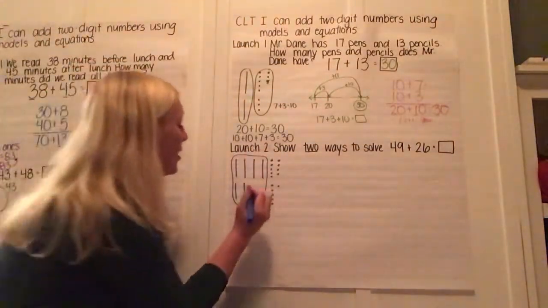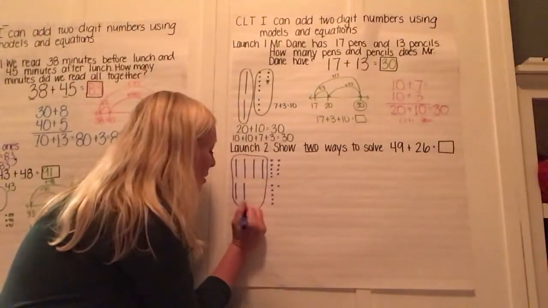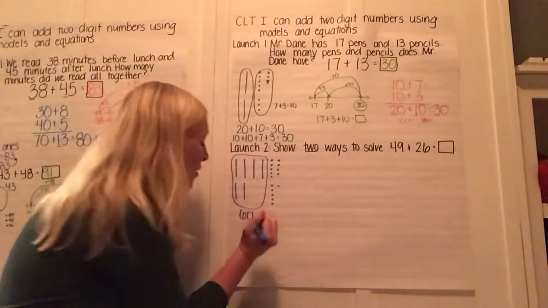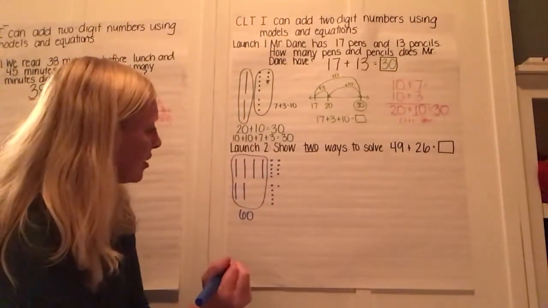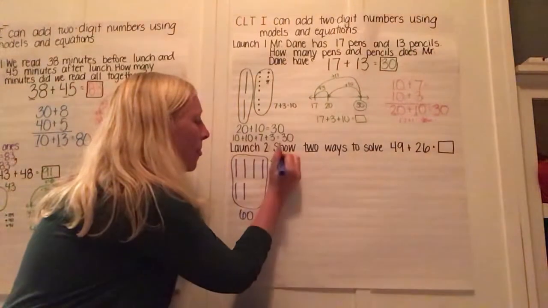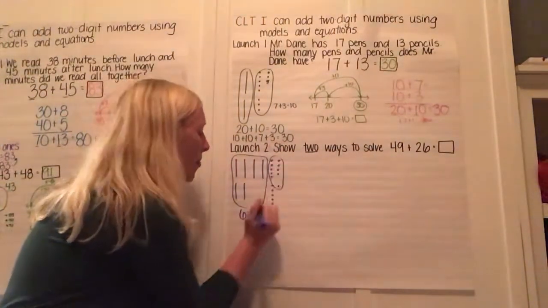Oh, I'm seeing some hands up. What am I doing? Adding our 10s.